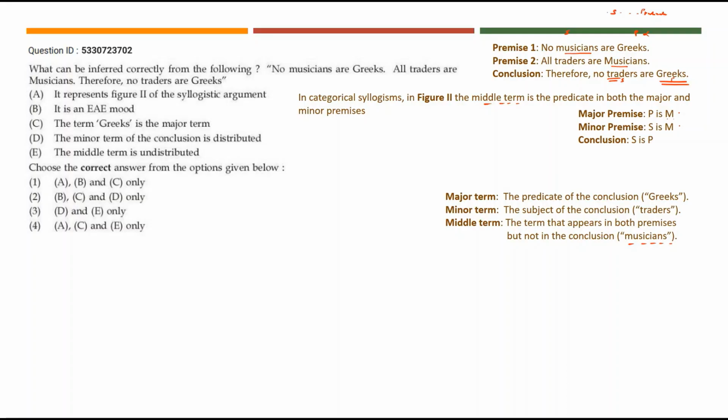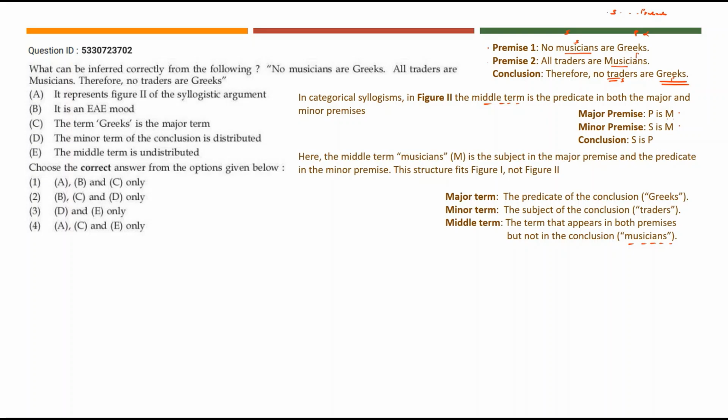Now, just apply this to the figure 2 structure. The middle term is the predicate in both the major and minor premises. Here we have to check whether the premises are ending with musicians. It means whether the predicate of the premises are musicians. No musicians. Here musicians is the subject and here it is the predicate. But here the condition is the middle term musicians should be the predicate in both the premises.